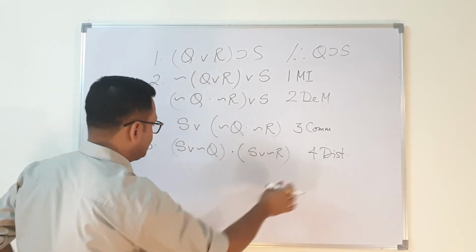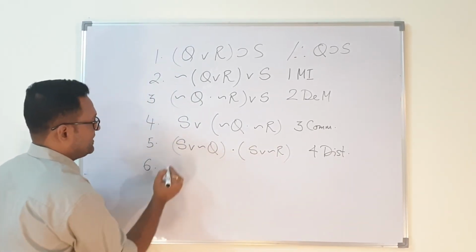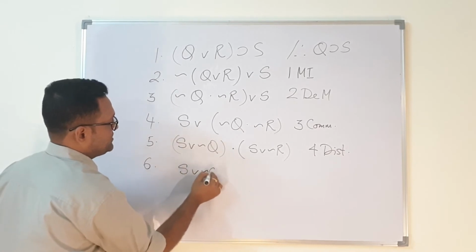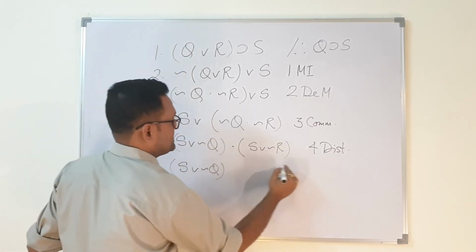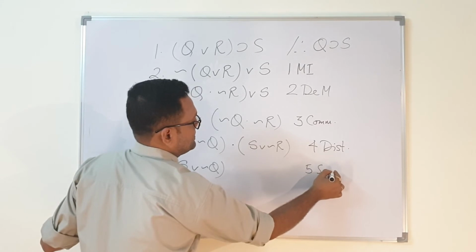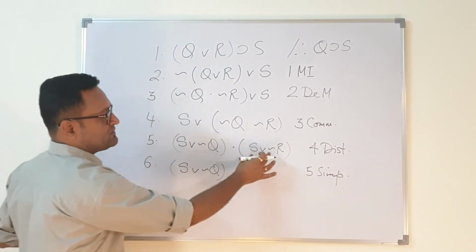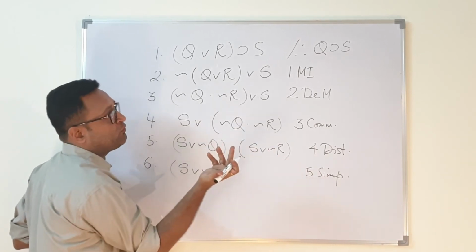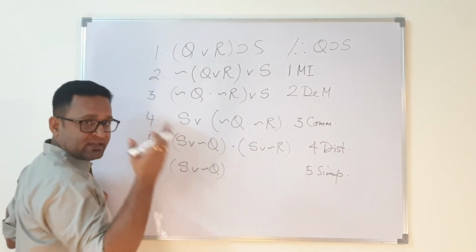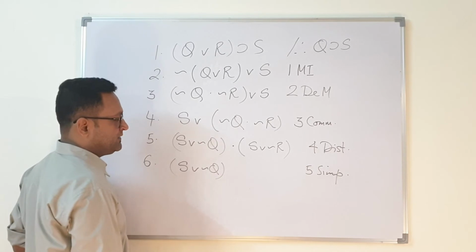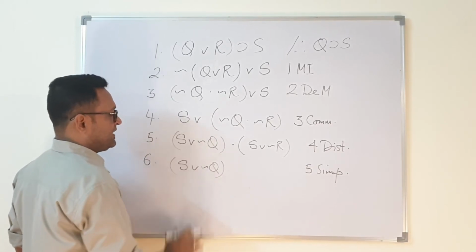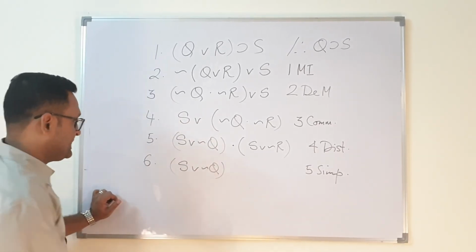So I will leave this part and simplify this part only. S wedge negation Q. So it is on 5th, simplification. Fine. I can also simplify this part, but this is not a requirement. If the answer would have been something else, I would have done that, and I will come to that part a little bit later. Now, as you can see, I got this.